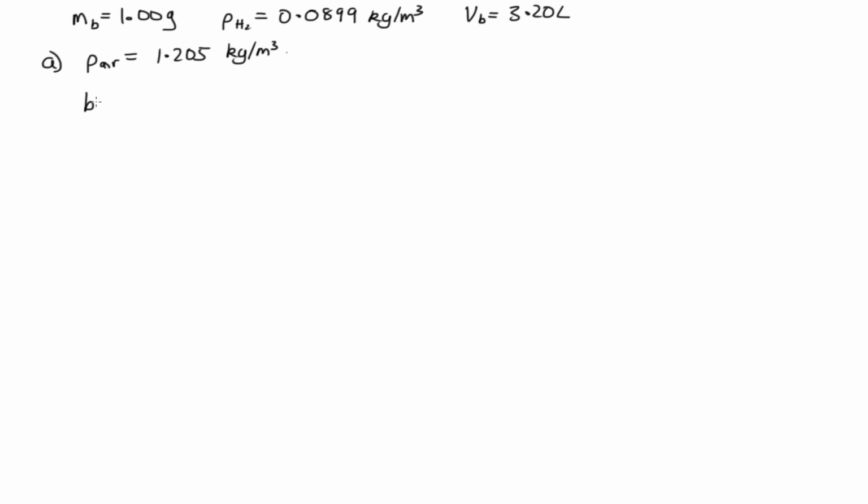Okay, so to calculate the buoyancy force, we need to remember that that is equal to the weight of the fluid or the gas it displaces. So in this case, what we're displacing is the air.